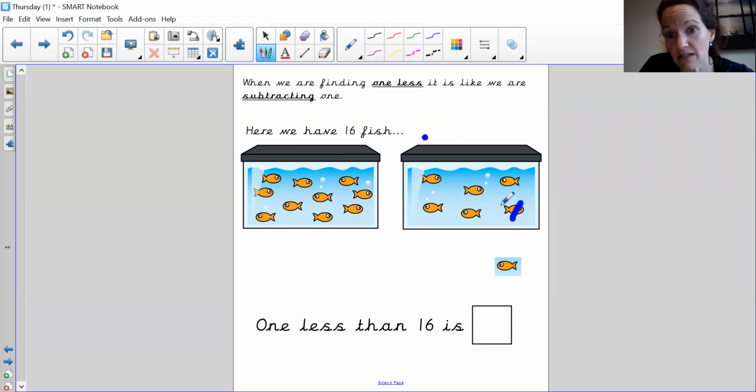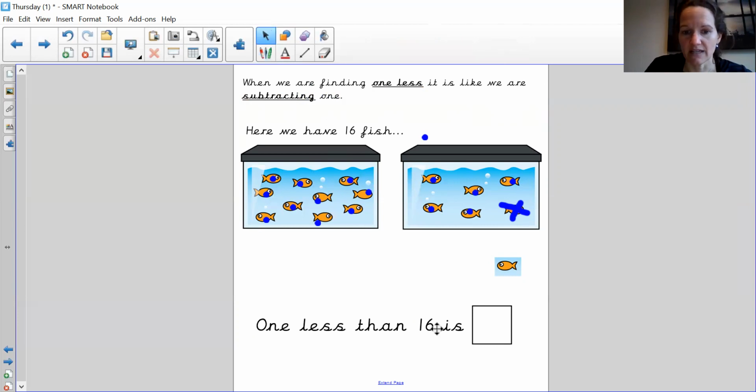Goodbye, little fishy, I'm taking him away. So I've got 16, I'm taking 1 away. Let's have a look. 1, 2, 3, you count with me, 4, 5, 6, 7, 8, 9, 10, 11, 12, 13, 14, 15. So now I have 15.